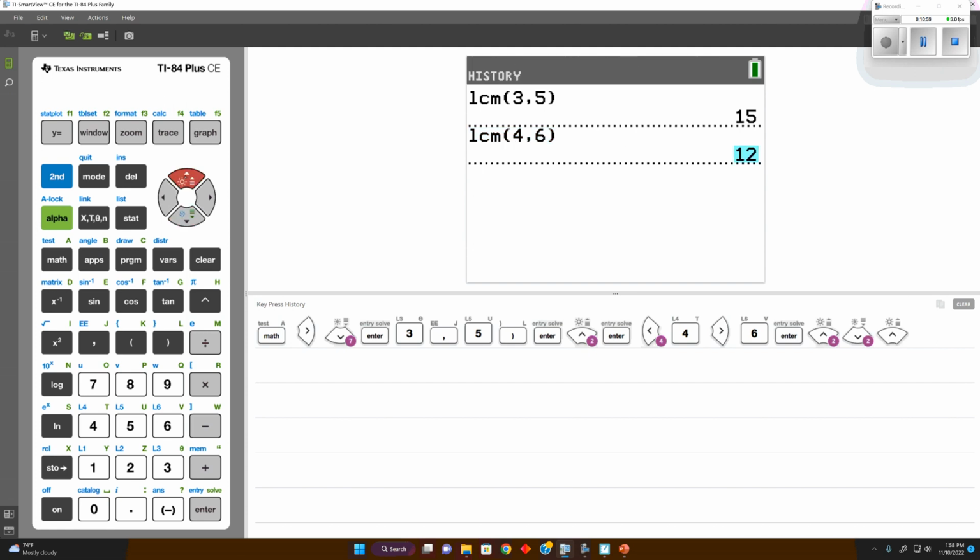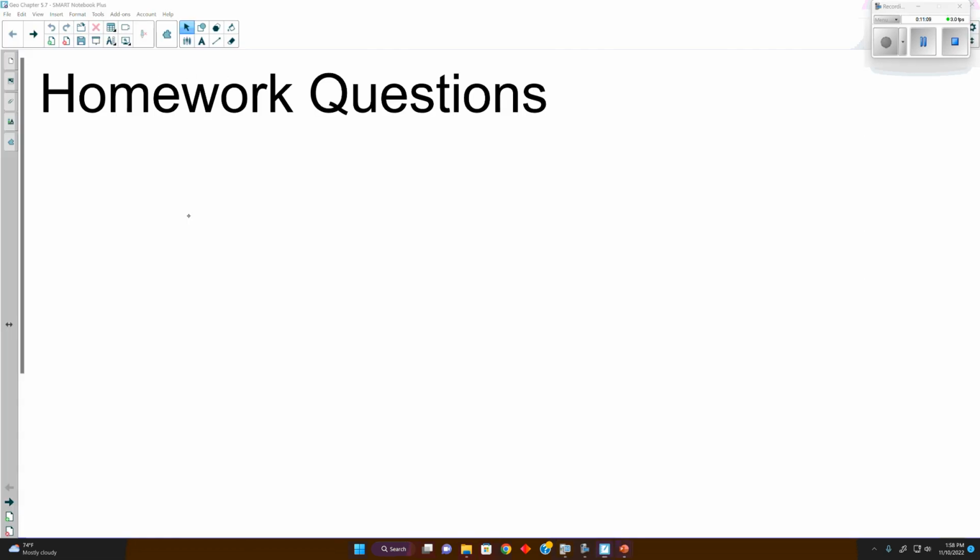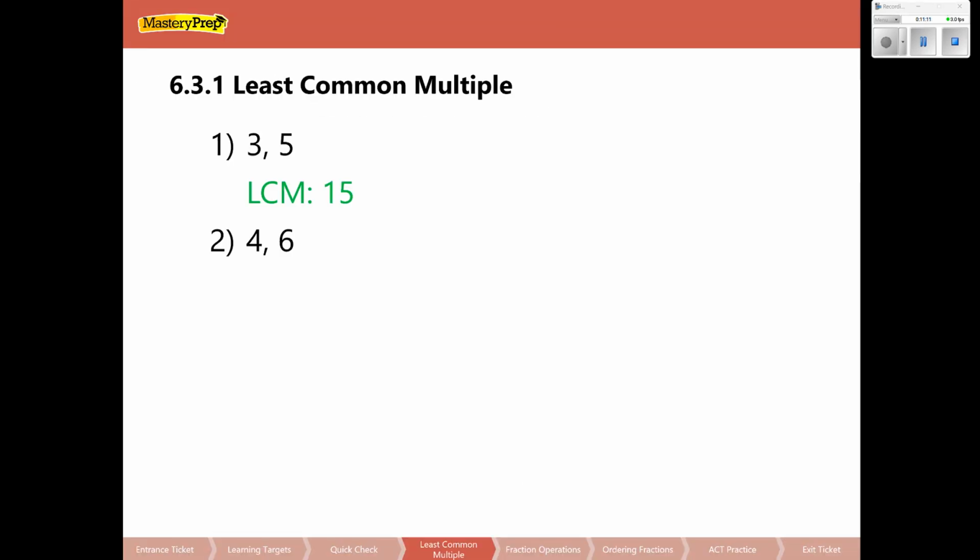So you go up, you have it highlighted, hit enter. So 12, let's look at the next one. So 10 and 12.